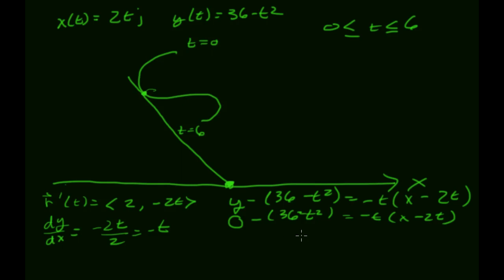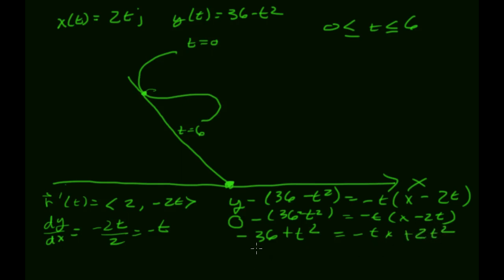And moving some things around here, I have now negative 36 plus t squared is equal to negative tx plus 2t squared, right?